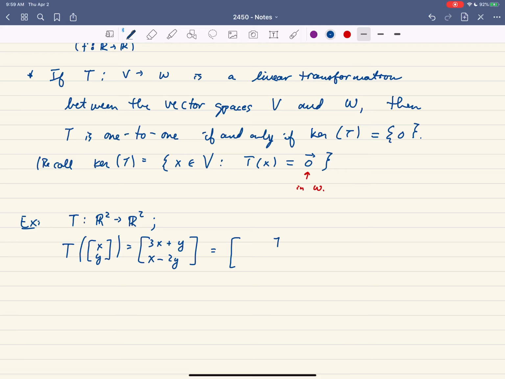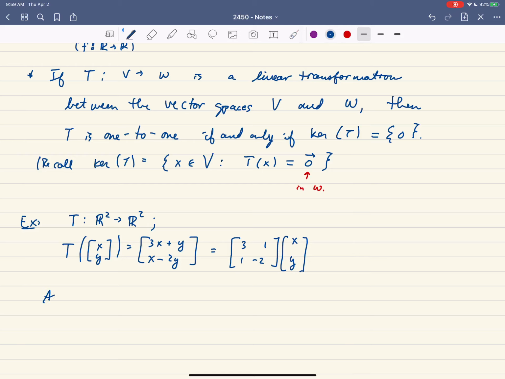This is something that we'll talk about in some detail soon; it turns out that you can do this for any transformation regardless of what the two input vector spaces are. But if you have 3x plus y and x minus 2y, this is just taking the matrix [[3, 1], [1, -2]] and multiplying by (x, y), right?